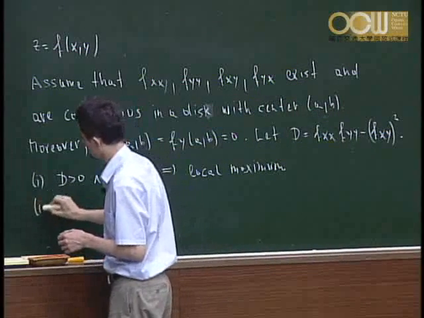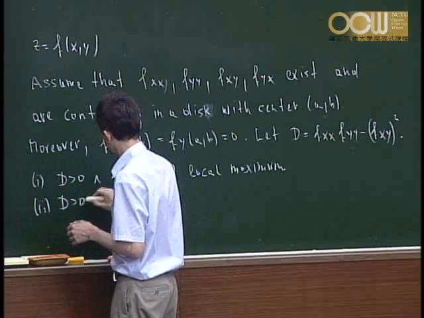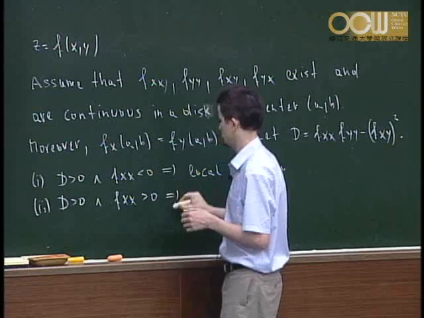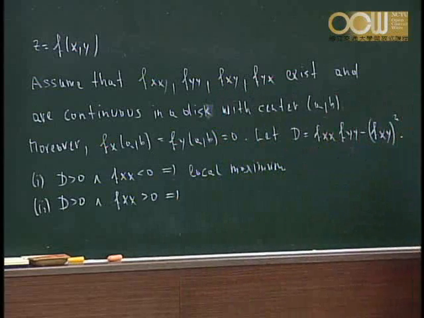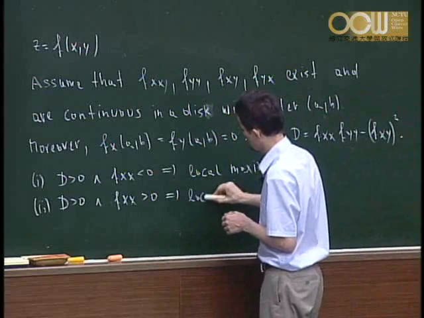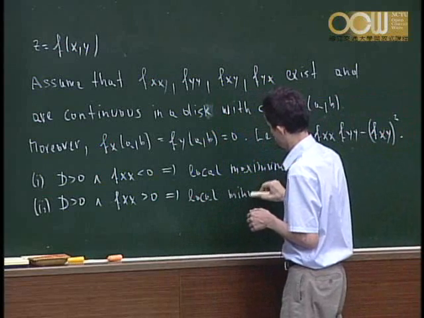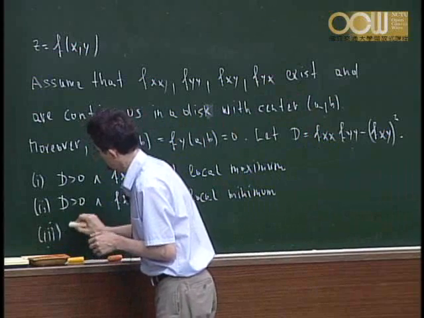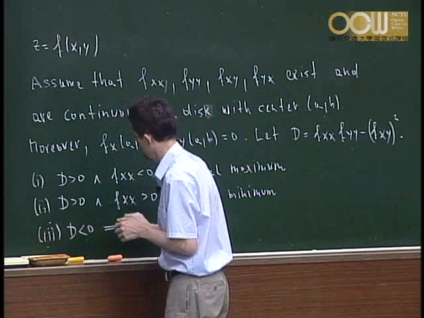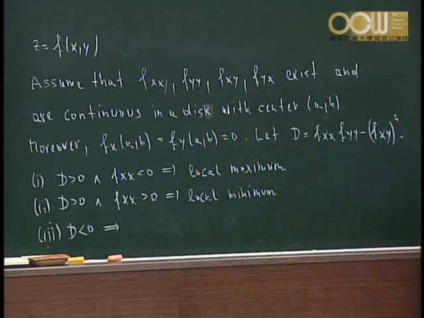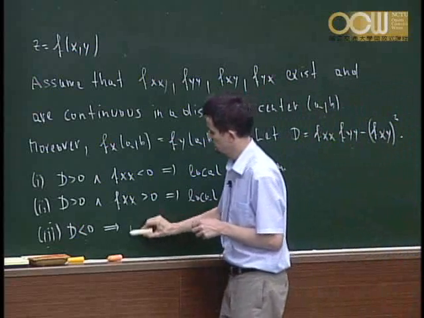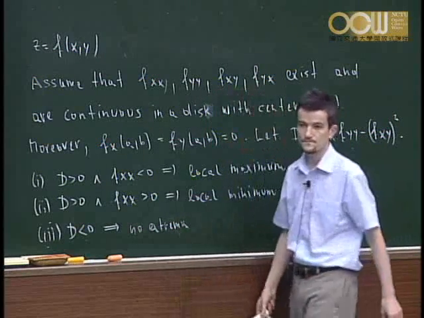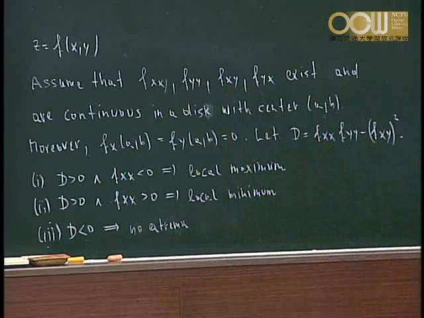The second case: D is larger than 0 and the second partial derivative with respect to x twice, f_xx, is larger than 0. In this case you have a local minimum. And the final case: D is smaller than 0. In this case you have nothing, so no extrema.